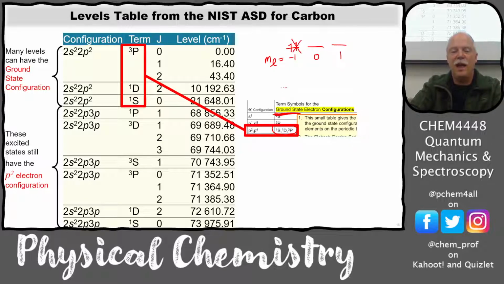But I can, if this is the m sub l for the 2p, and this is the m sub l for the 3p. What I can't do in the ground state, I can do in the excited state. I can have a spin-up electron in the m sub l -1 in the 2p subshell, and in the 3p subshell it can also be in the m -1 orbital. That allows me to have more terms, and that's what's going on with some of these, like the triplet P.